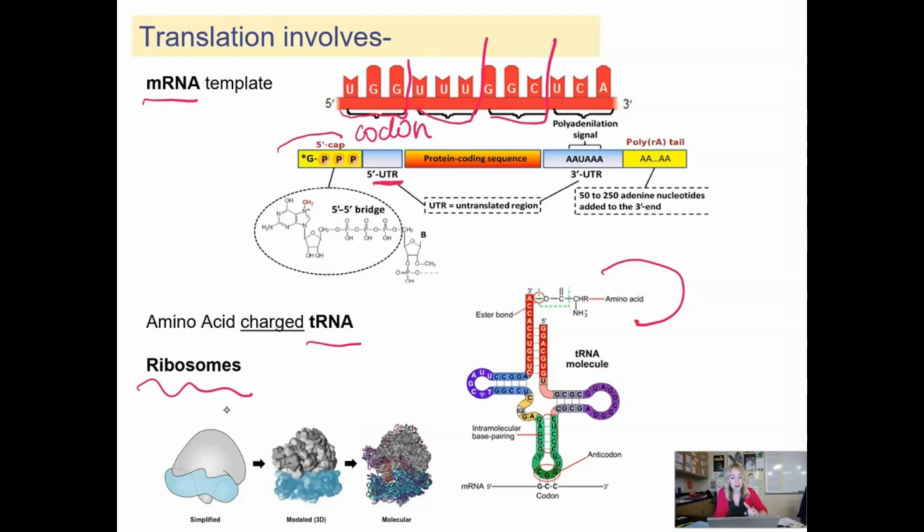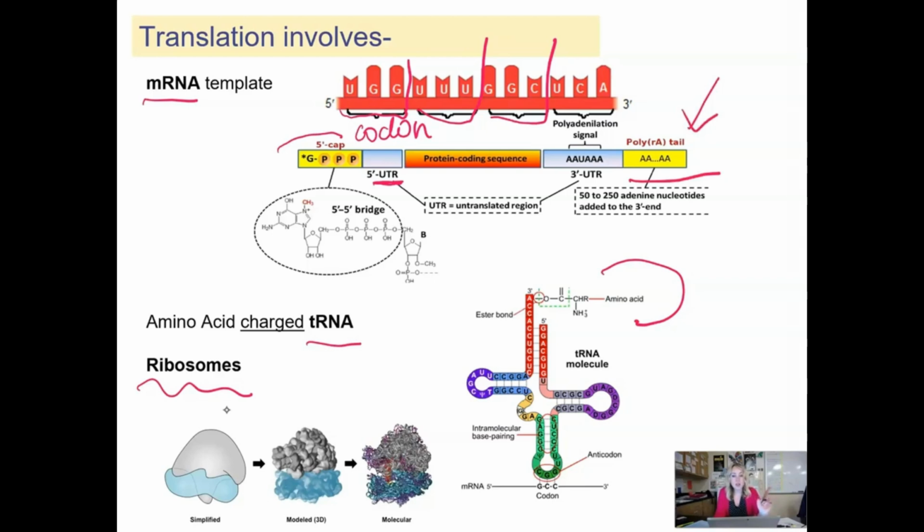And we're going to examine how we do that in a little bit. And then notice at the end of protein coding sequences, we have another sequence that we call the 3' UTR, untranslated region, followed by the poly A tail, which we already discussed in our previous lecture.